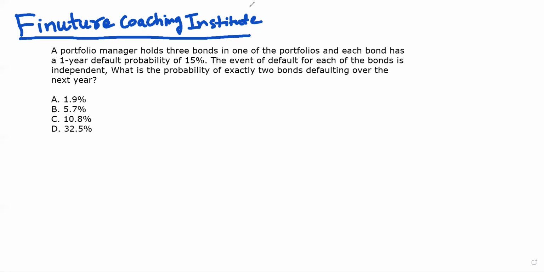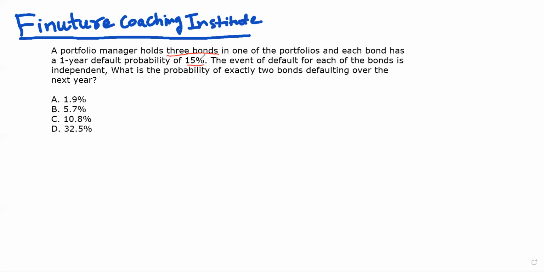Let me just change the color of the pen so that I can underline the key information that we have been given. It says that a portfolio manager holds 3 bonds in one of the portfolios, and each bond has a 1 year probability of default of 15%.